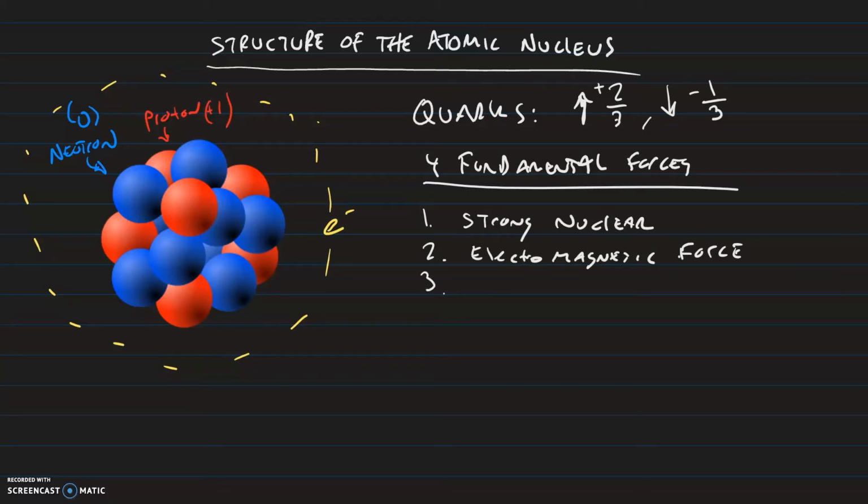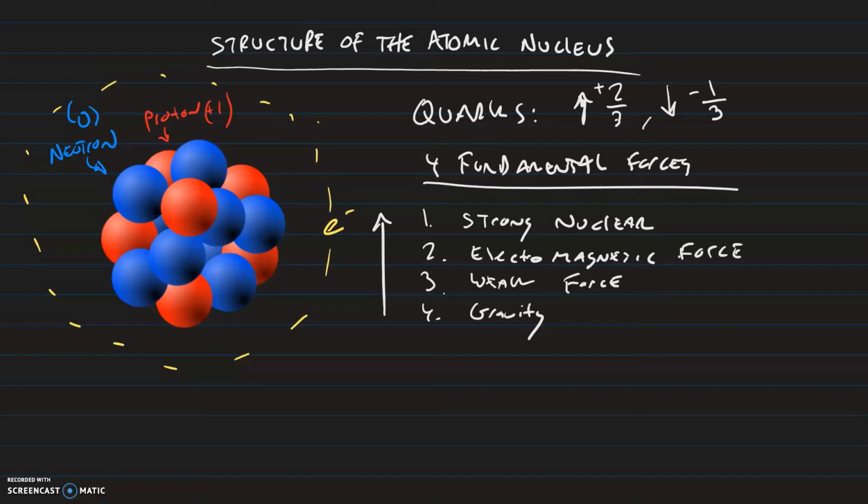This is a real thing that does occur, except because the strong nuclear force is stronger in charge, it's able to overcome the electromagnetic force and keep them more closely bound together. Now the third one is the weak force, and the fourth is gravity. And once again, this is increasing in force as we are going up.